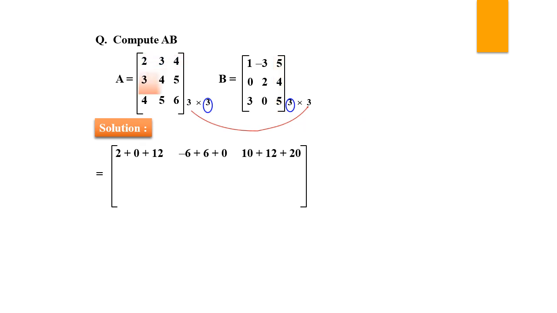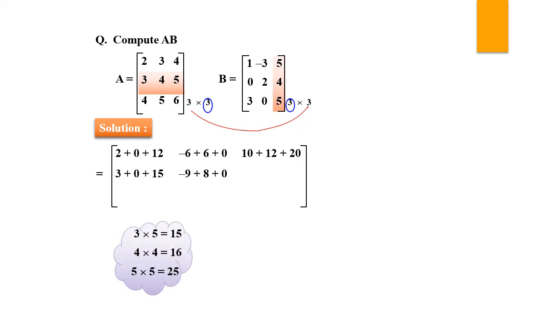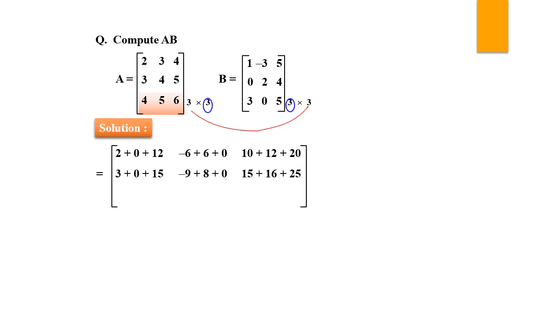Similarly, continue the procedure. Multiply the elements of R2 with C1, then R2 with C2, R2 with C3. We get 3, 0, 15, minus 9, 8, 0, and 15, 16, 25.